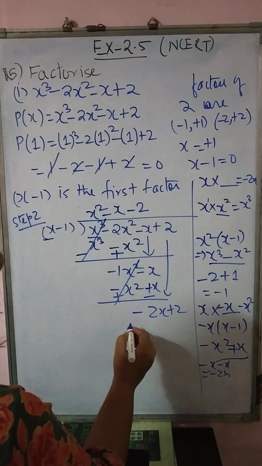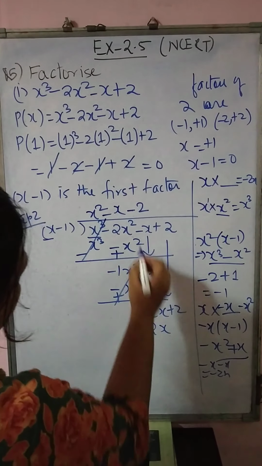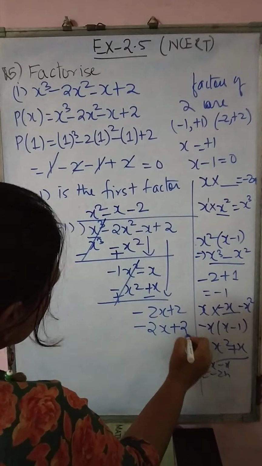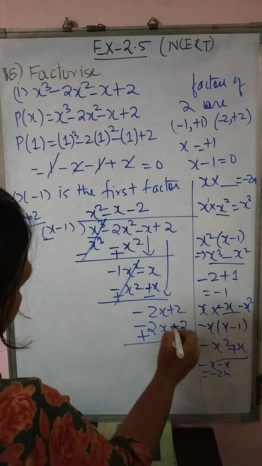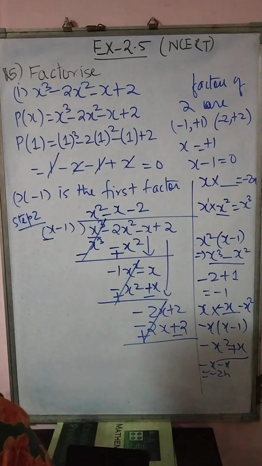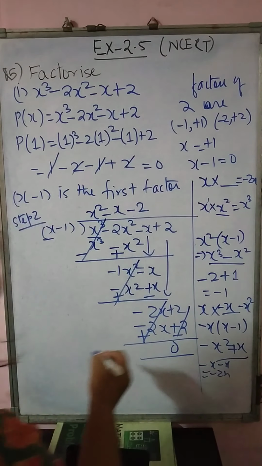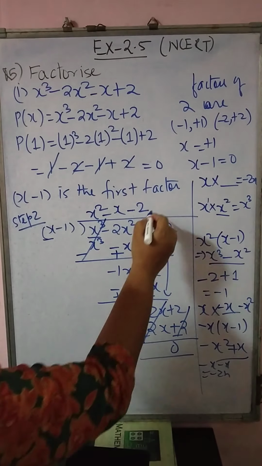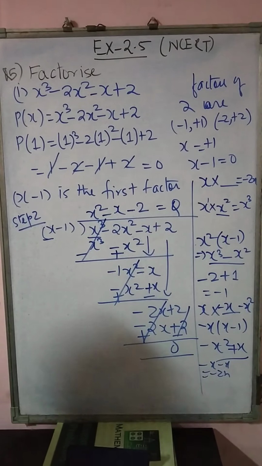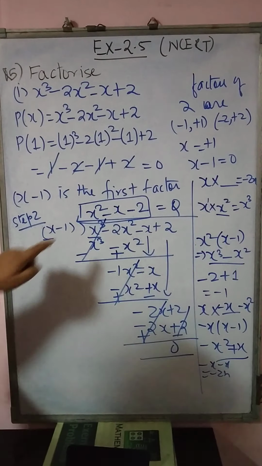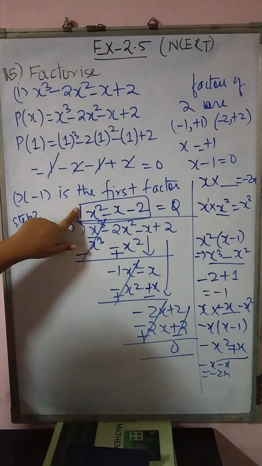So minus 2 into x, minus 2x, minus into minus, plus 2 into 1, 2. Again change the sign. So plus 2x minus 2x, 2x gets cancelled, plus 2 minus 2 gets cancelled. Okay. So we got the quotient here. Now we are going to find the factors of this quotient by using splitting the middle term.